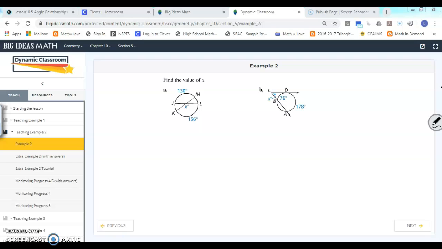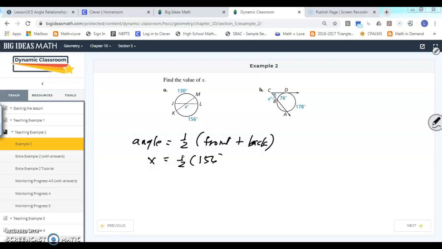Okay, so here are 2 examples on how to use the theorems we just learned. In the first one, these are formed by 2 chords forming an angle inside. So we're going to use the formula angle is equal to 1/2 times the sum of the front arc plus the back arc, or the intercepted arc plus the vertical angle. So the angle is x, so 1/2.